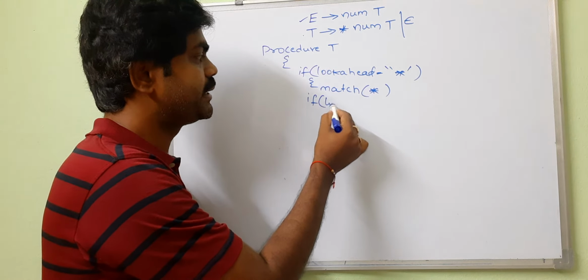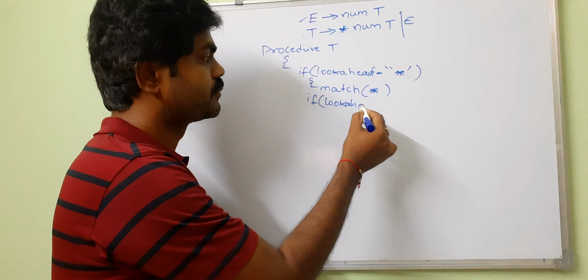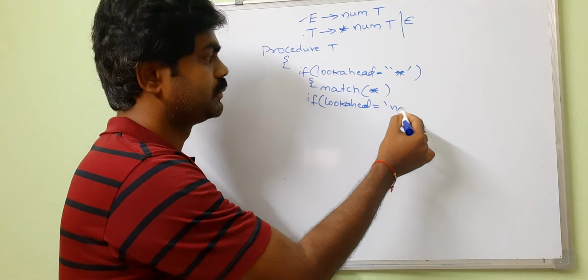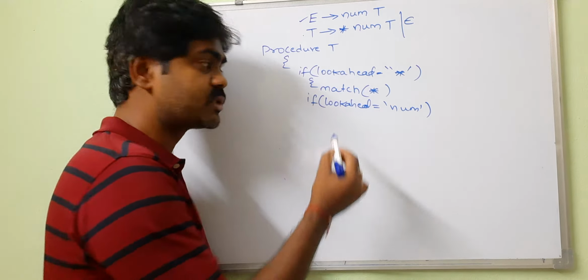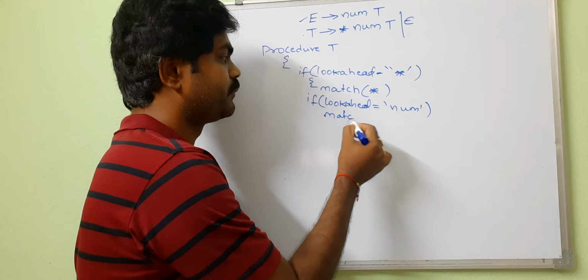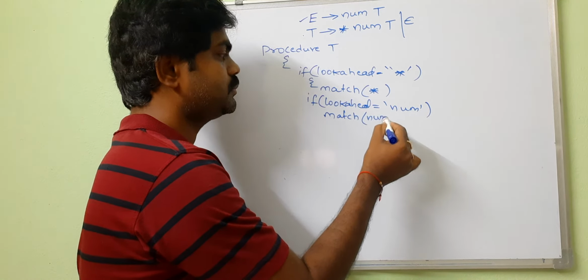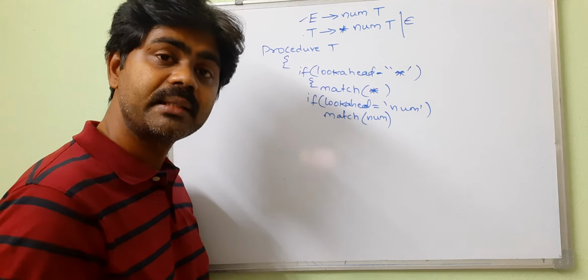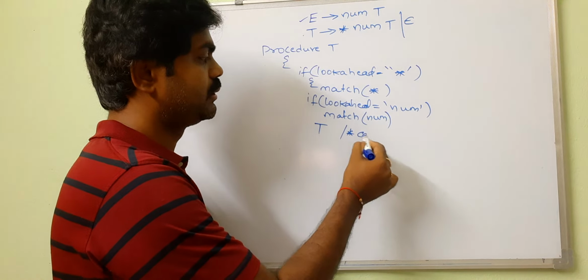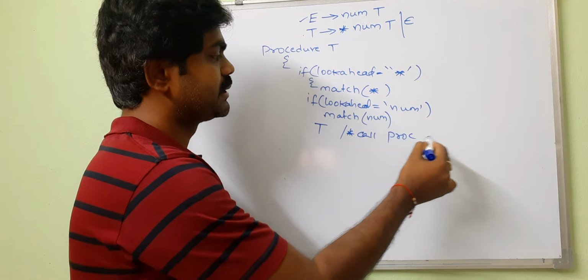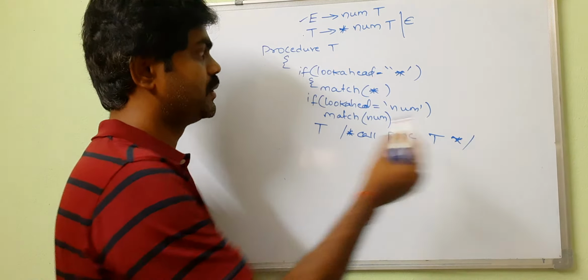Again, if look ahead equal to num, as we know, num is also a terminal. So match num. So after num what we got? T. So T. So call procedure T. Okay.